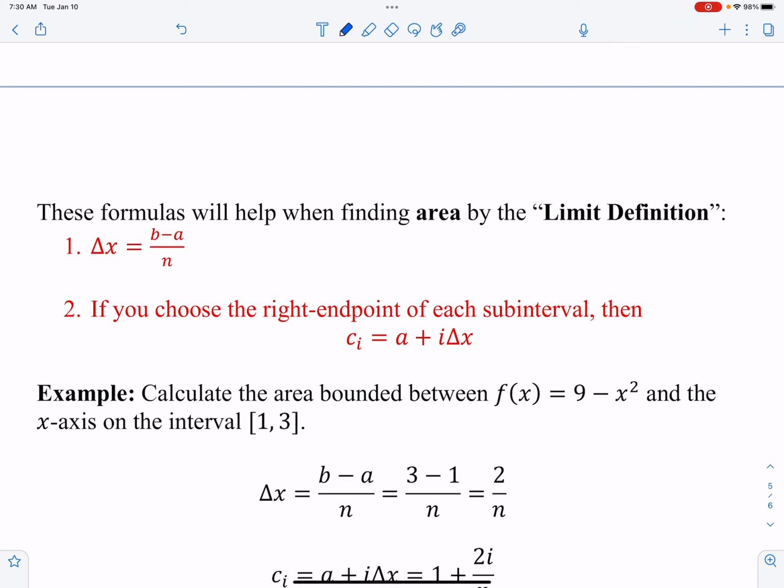But because our summation formulas are all with i being equal to 1, you would have to end up rewriting and shifting the sum over in order to use your summation formula. So it's easier to do it this way and think about the right endpoint of each subinterval as being used to calculate the height of each rectangle.